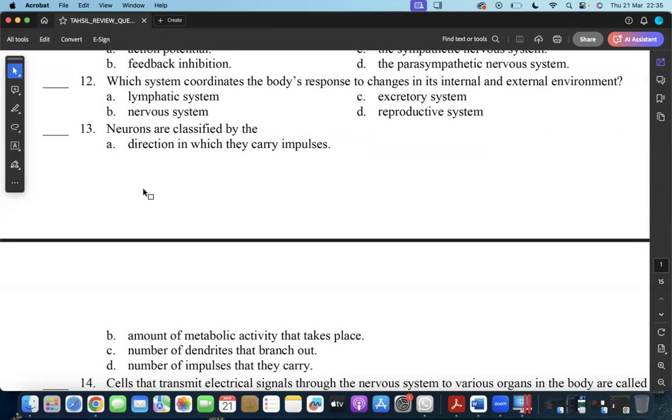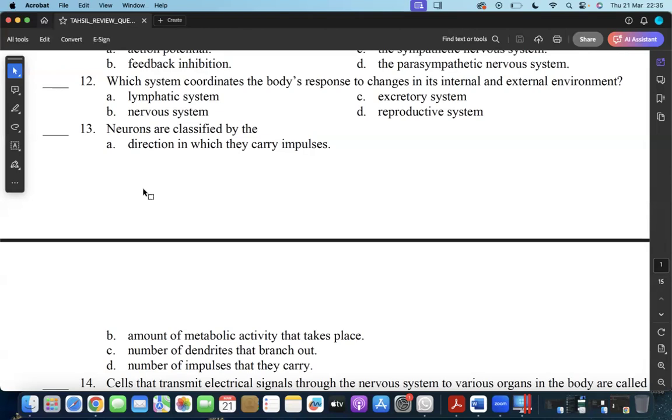If there is a change in environmental condition, let's say, for example, things get really cold and the body starts shivering. So what generates these responses to the external or internal environmental condition? Or let's say someone eats a poison and the body system wants to react to the poison being eaten. What system coordinates the body responses?